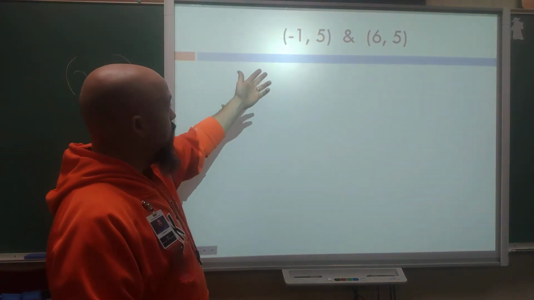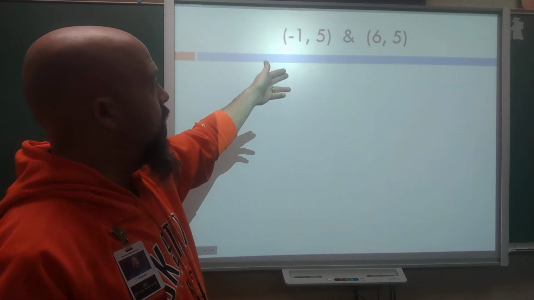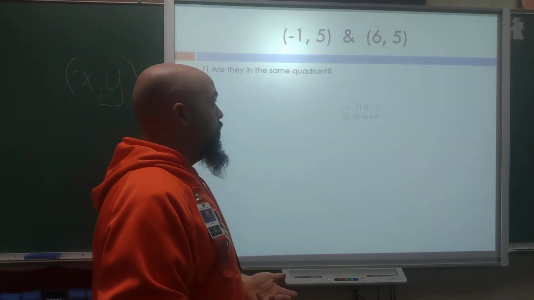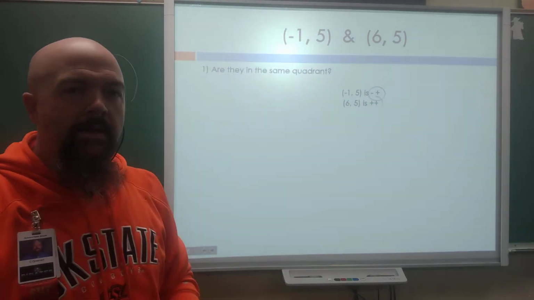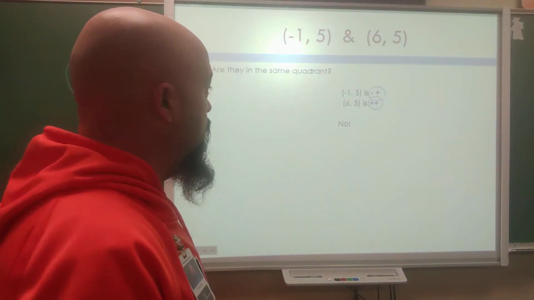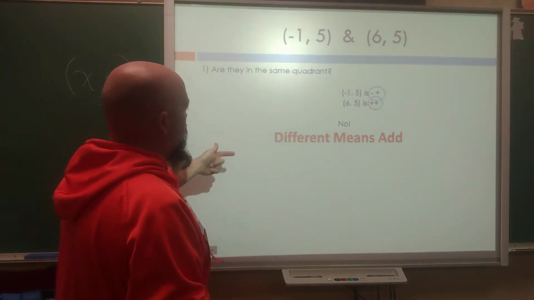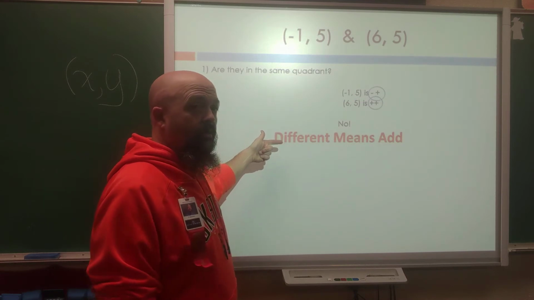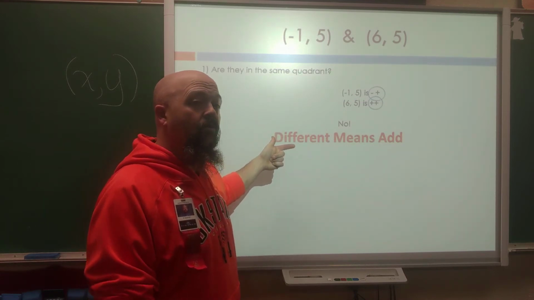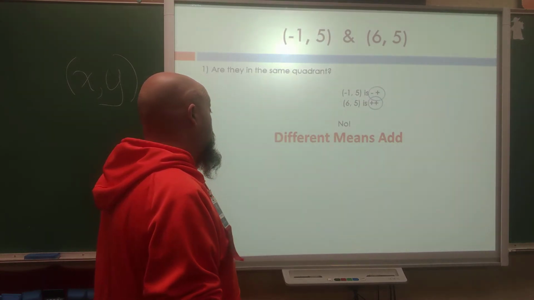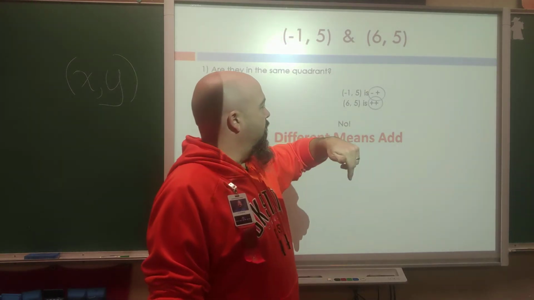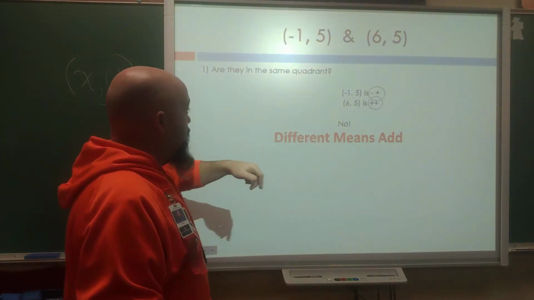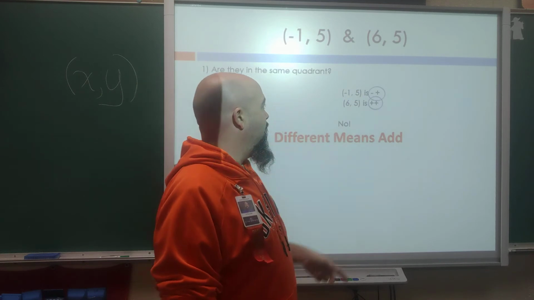Alright, here we go. Negative and a positive, positive and positive. Are they in the same quadrants? No, they are not. So if they're not, that means that we are in different quadrants. We add to find the distance. We get rid of the value that is the same in both, and that happens to be our y coordinate at 5.